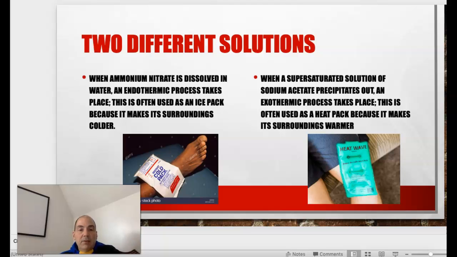The one case on the left, the cold pack, we have ammonium nitrate, and as it dissolves, the process absorbs more heat than it would release. Whereas on the other side, we have this sodium acetate supersaturated solution. And so as that starts to precipitate out, that's an exothermic process. But let's talk about why they're different a little bit more.